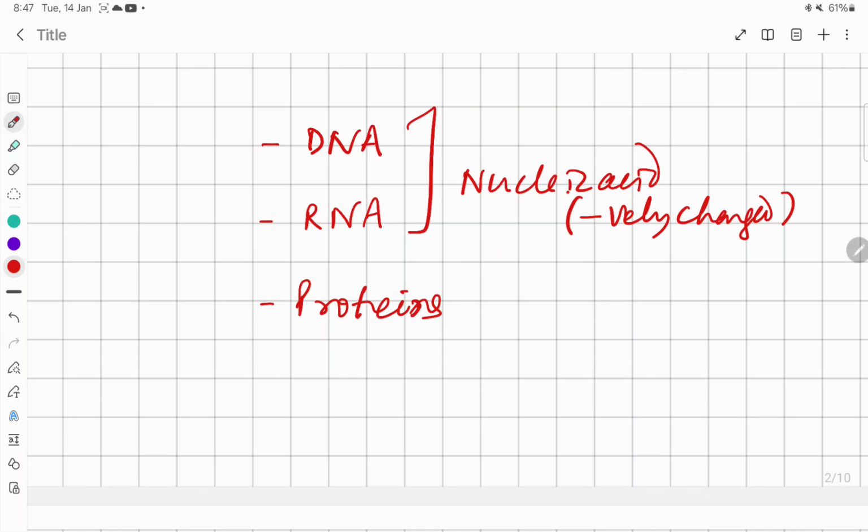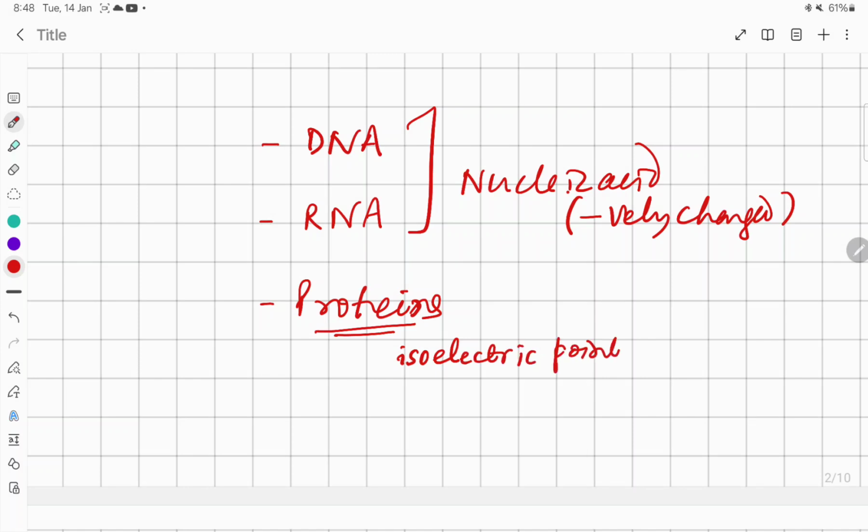Similarly, the protein's charge depends on the pH of its environment. So basically one criterion is the isoelectric point. What is this isoelectric point?